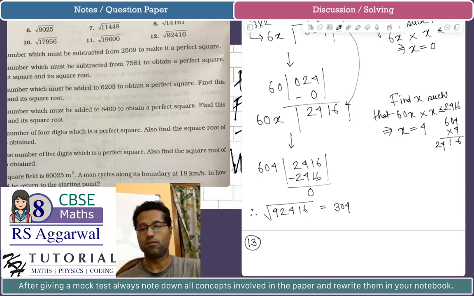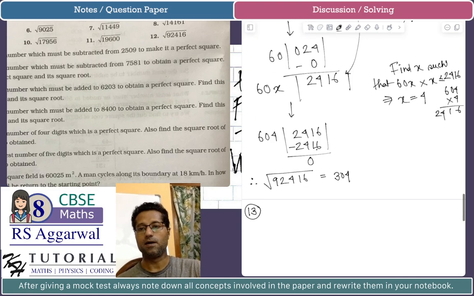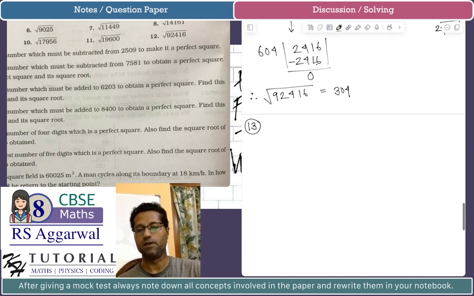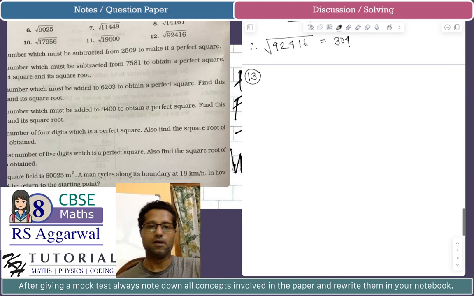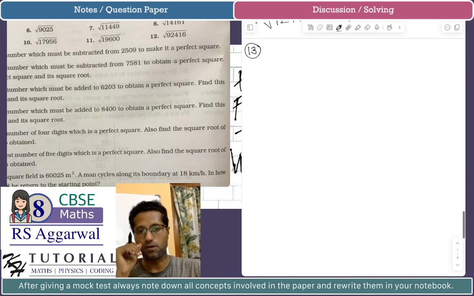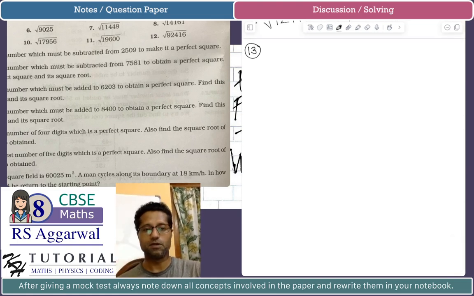Then, based on the remainder, you can say what number can be added to the given number so that it becomes a perfect square, or what number can be subtracted from the given number to make it a perfect square. That is the basic concept. After doing the long division method, whatever the remainder is, from that remainder you will have to solve the problem and take the decision.